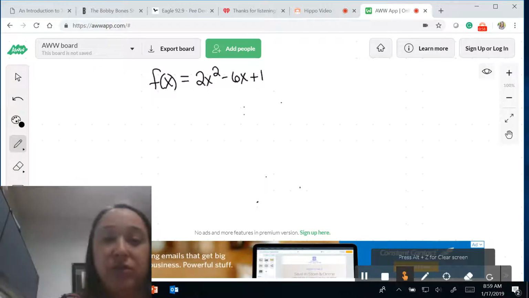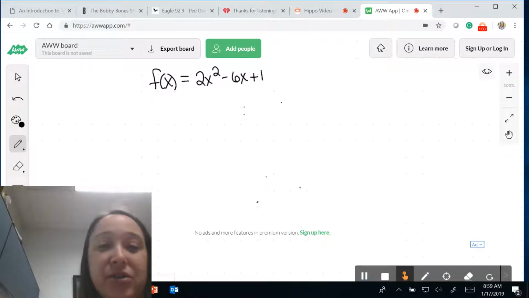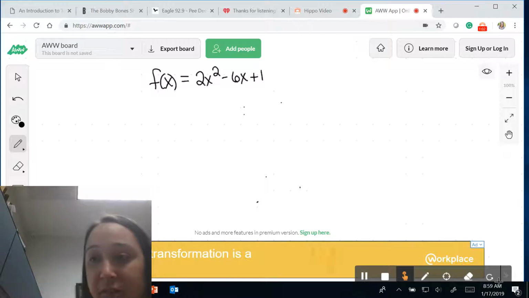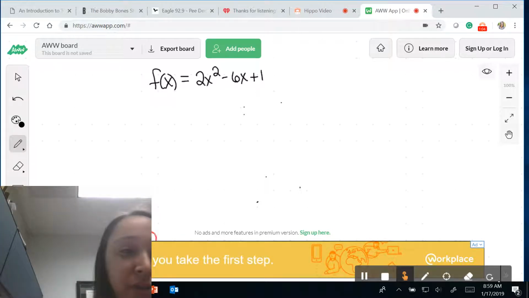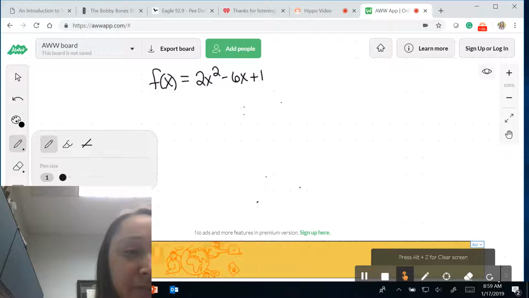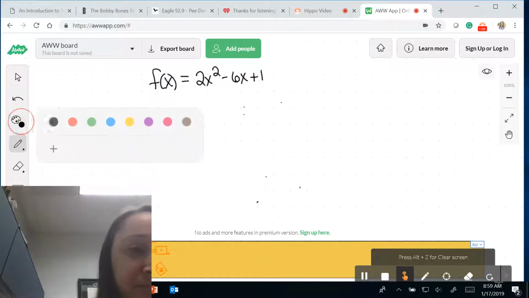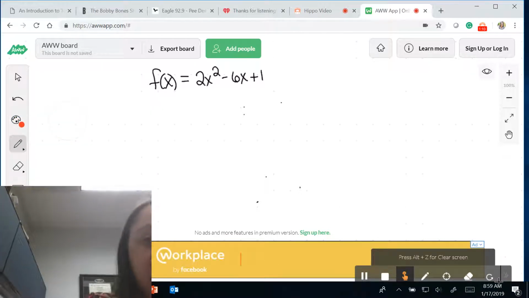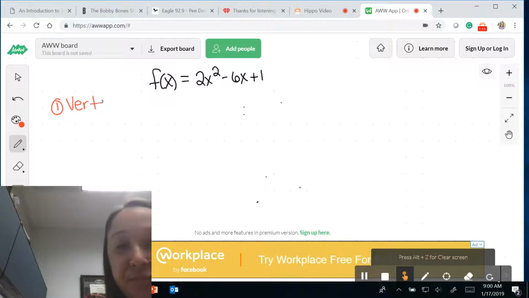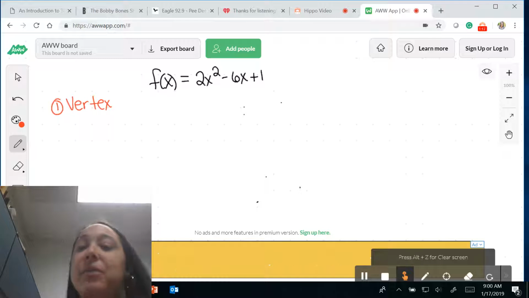Okay, so there we have our function. Let's say I ask you to find the vertex. So for the first thing, we're going to find our vertex.